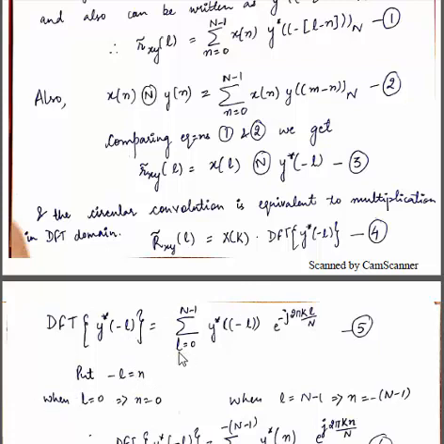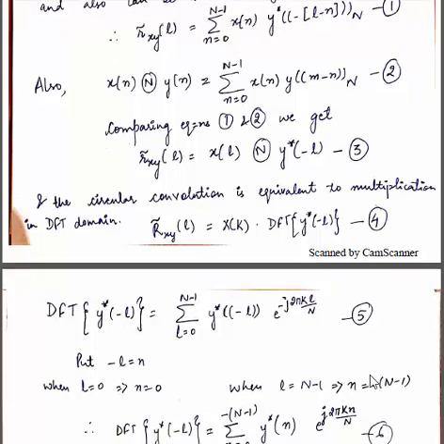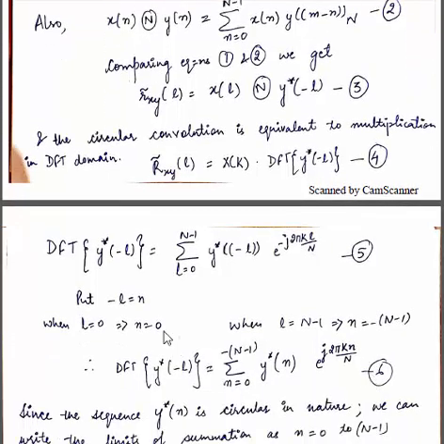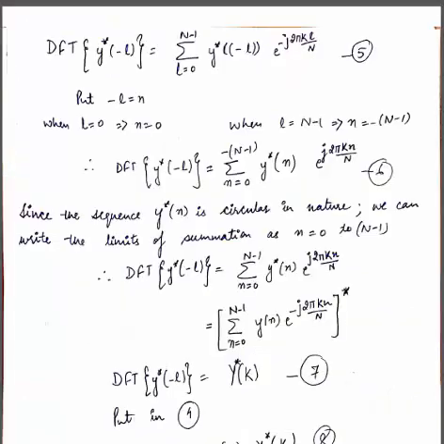When l is equal to 0, n is also equal to 0. When l is equal to minus N minus 1, then n is equal to minus N minus 1. Therefore, the DFT of y conjugate of minus l is equal to summation n from 0 to minus N minus 1 of y conjugate of n e raised to the power plus j 2 pi k n over N, where capital N is the N point DFT. That is equation number 6.